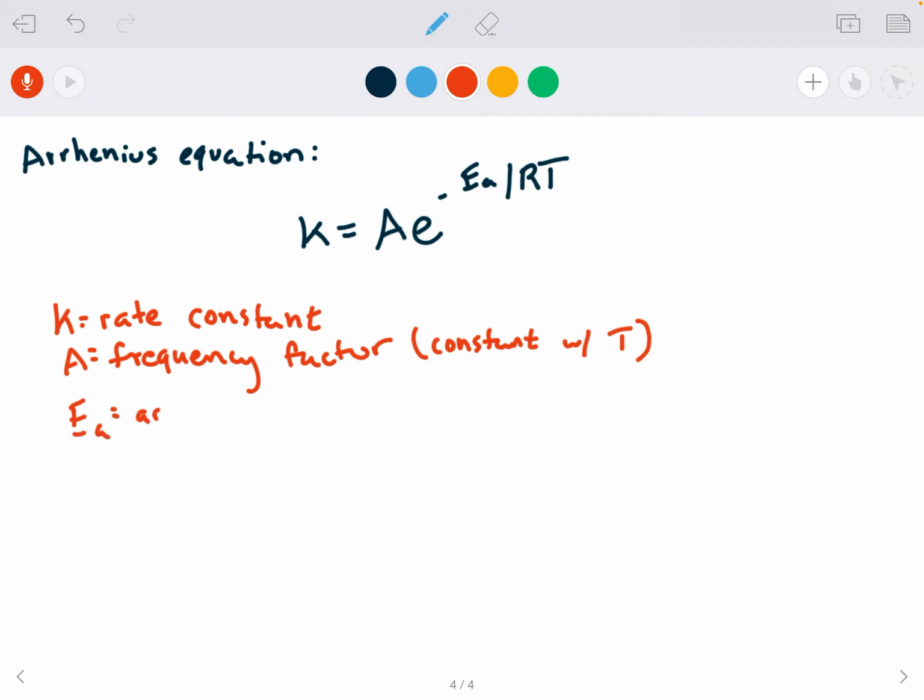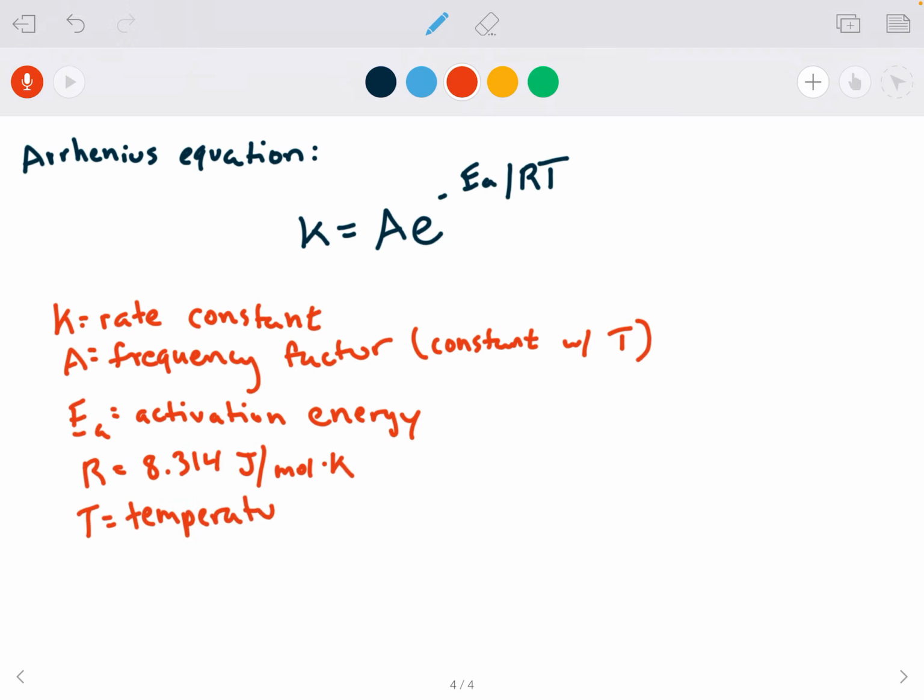Now, Ea is the activation energy. R is the constant, 8.314 joules per mole Kelvin. And then T is your temperature, specifically in units of Kelvin.